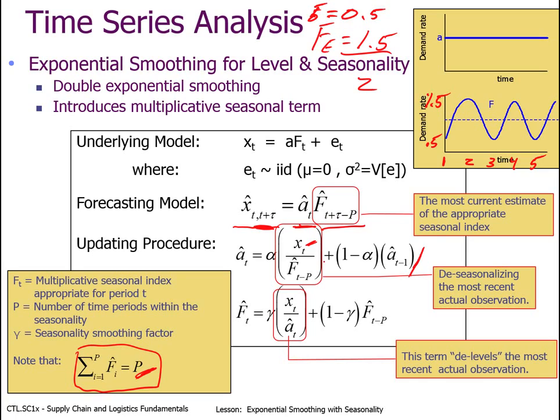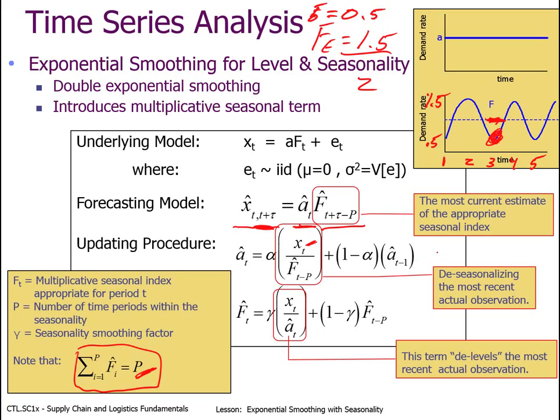I'm de-seasonalizing it because if it comes in on an odd day, it's way down here, right? But if it's only half of a typical period, then I'm going to divide it by 0.5 to get up to here to find out what that average is, because I'm trying to find an estimate of the level. So I'm de-seasonalizing it.